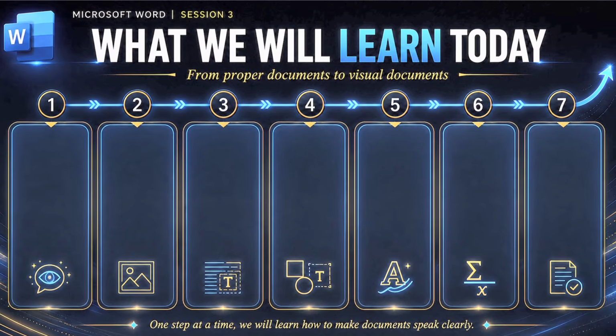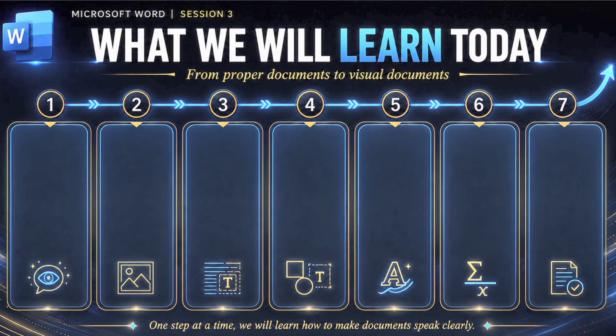As you look at this roadmap, you may feel that there's a lot ahead of us. And that is completely normal. Whenever we learn a new skill, the whole journey can seem bigger than it really is. But here is the good news. You do not need to master everything at once.